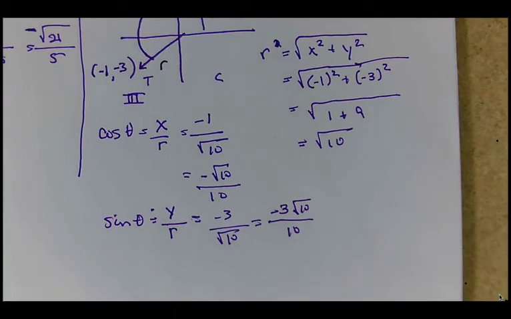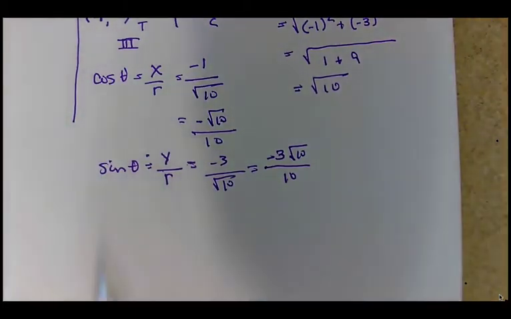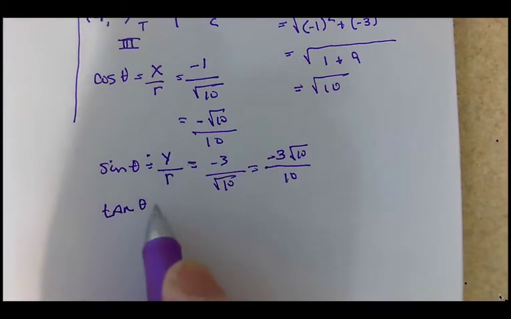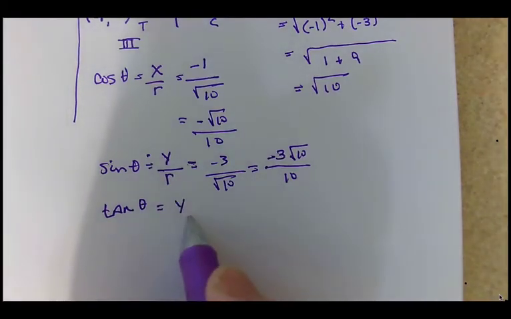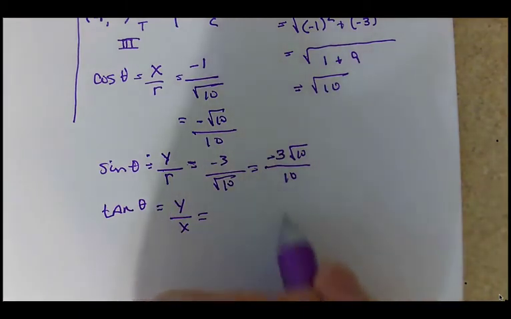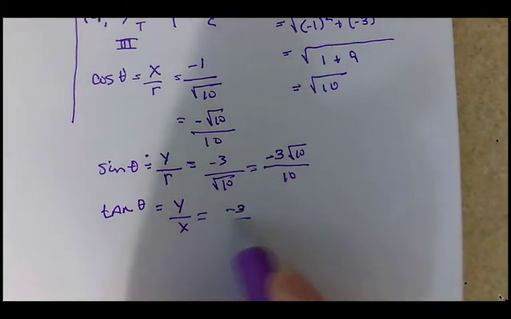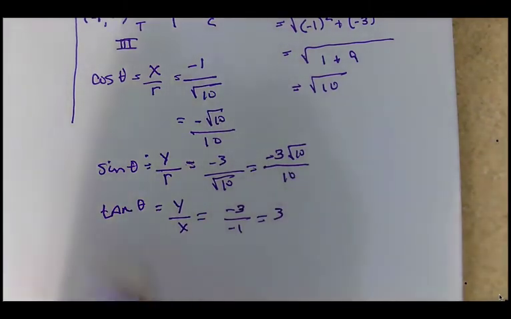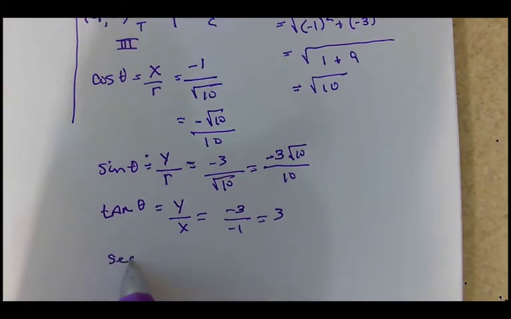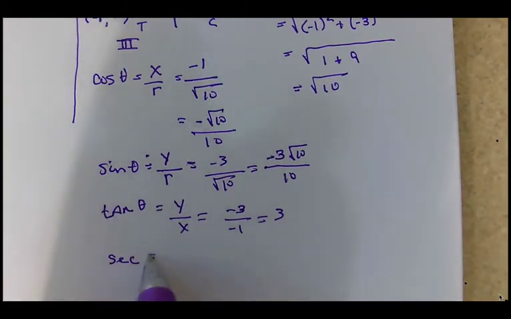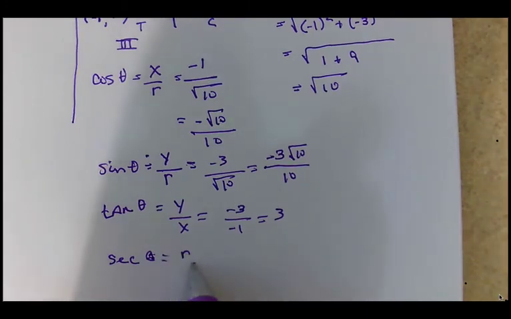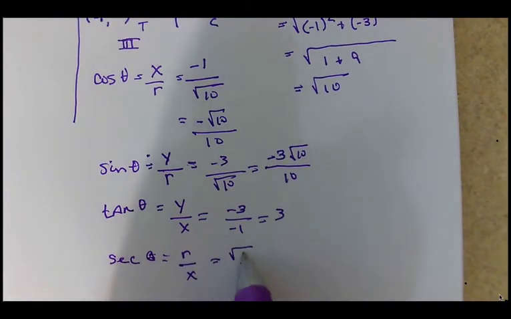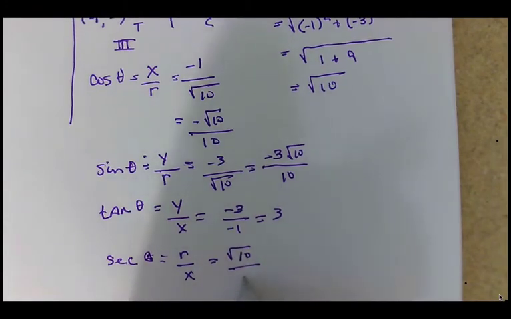What else could we do? We have tangent. We can say tangent is y over x. In this case, we have a negative 3 over a negative 1, which is equal to 3. We have secant theta, which is equal to r over x, which is equal to the square root of 10 over minus 1.